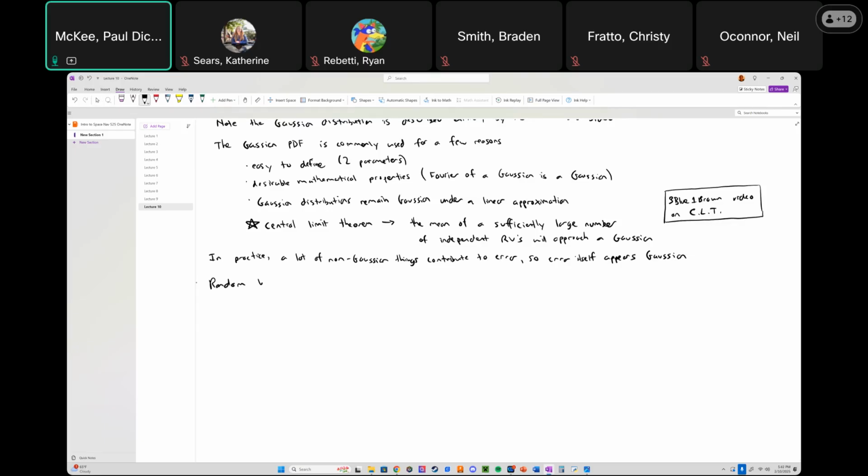So our next topic is random variables as vectors. So the concepts of mean and standard deviation can be extended from scalars to vectors.